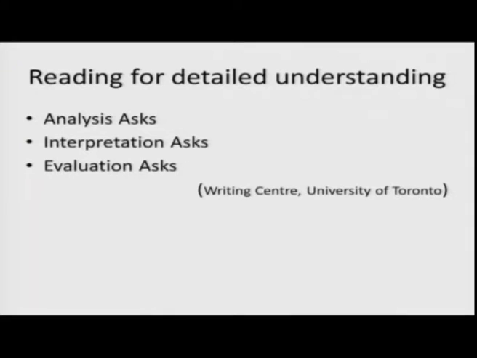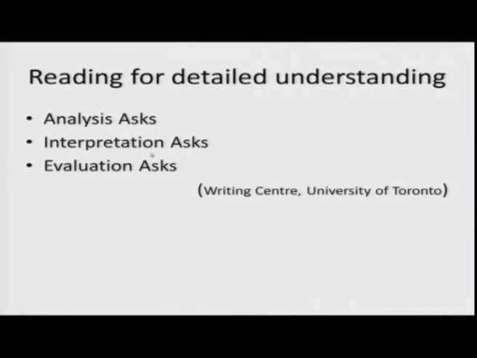So, when we read for detailed understanding, what actually happens? Several researchers have proposed different theories. One among them is what is proposed by the Writing Center, University of Toronto. According to the researchers, when we read for detailed understanding, the reader usually asks three kinds of questions.